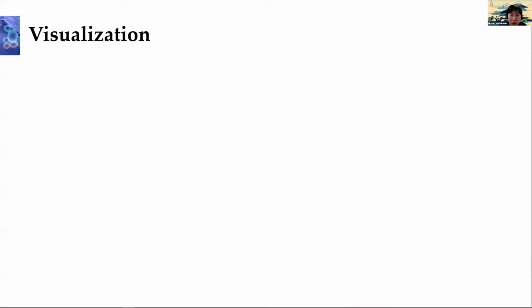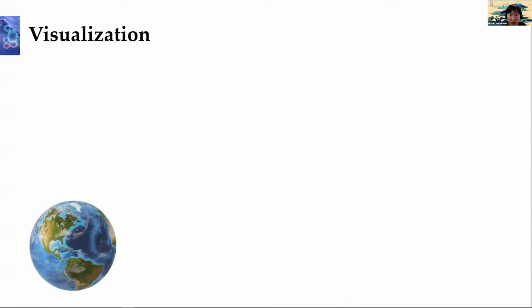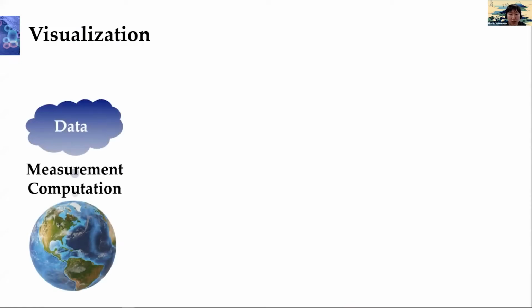I'd like to begin with the story of visualization. I explained this last year, but I'd like to go over it this year. To get useful information from data obtained by measurement and simulation calculation, it's not enough to just have the data.